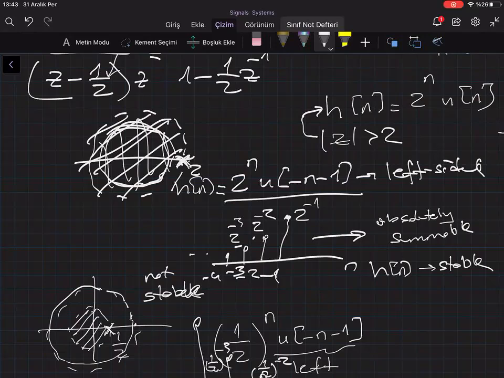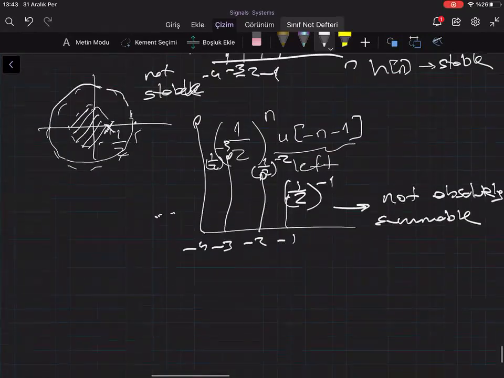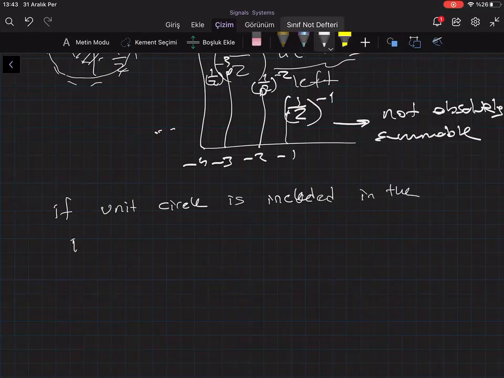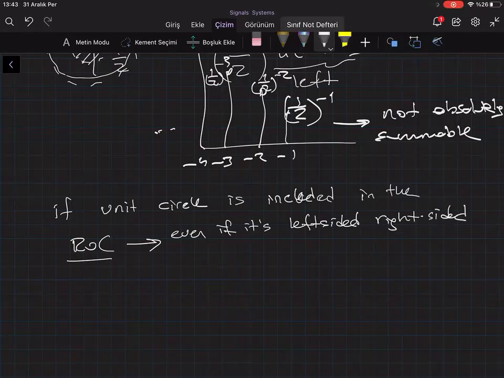Hocam, can you say again the last thing you said? If the unit circle is included in the ROC, it means even if it is left-sided or right-sided, the sequence h of n will converge to 0, converge to a finite value.